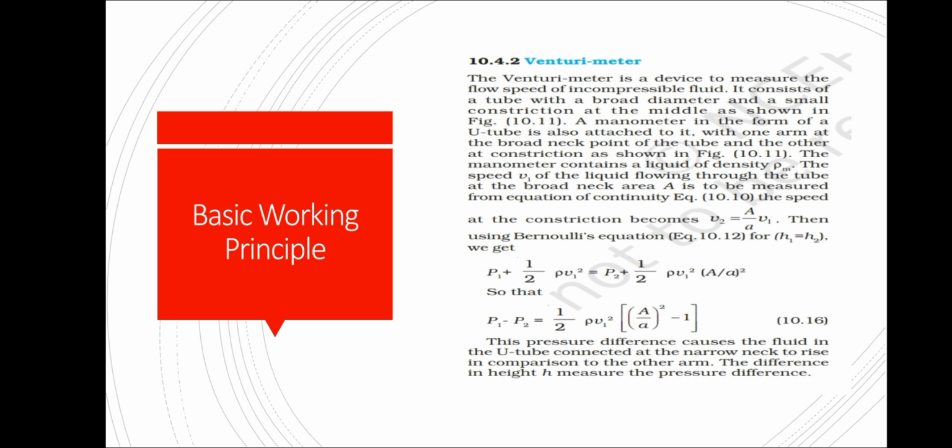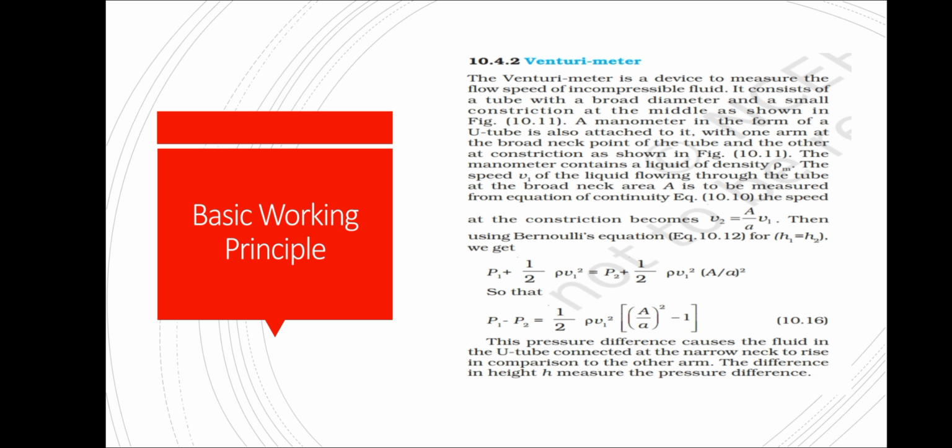The basic principle of the Venturimeter we can derive with the help of the principle of continuity and Bernoulli's principle. We have already discussed these two equations. The principle of continuity means a1 v1 equals a2 v2. Or in words, the product of area and velocity of any flowing liquid is constant, right?